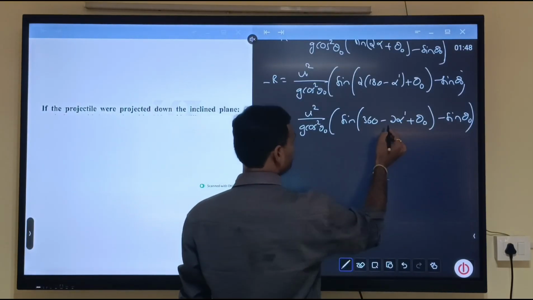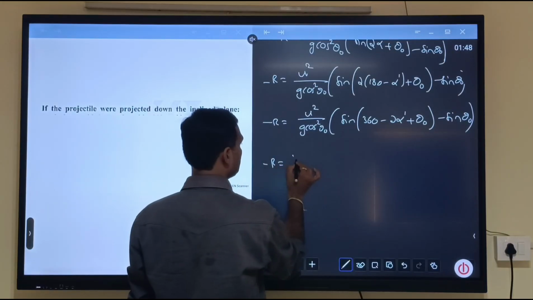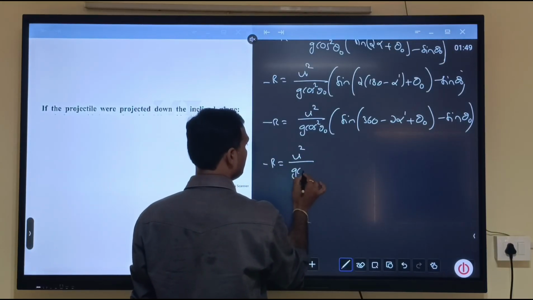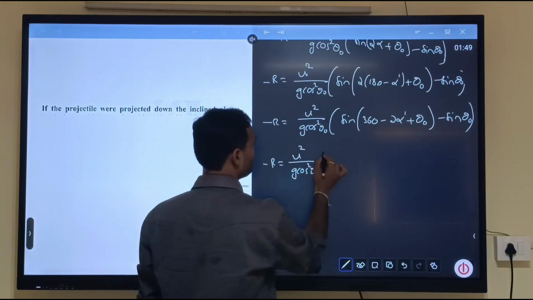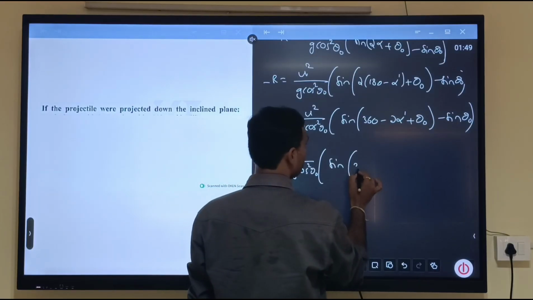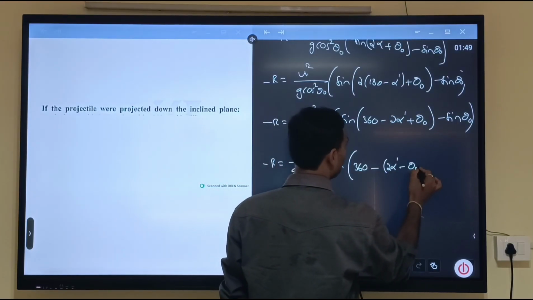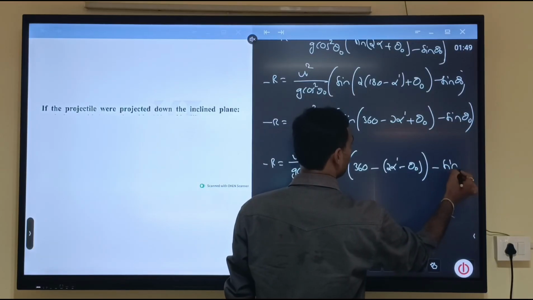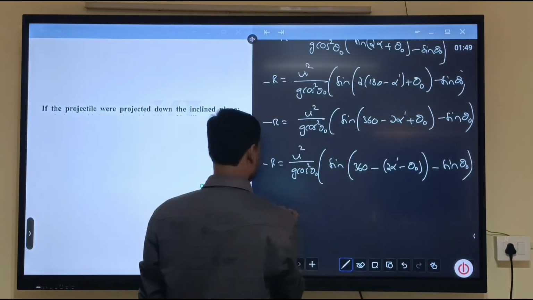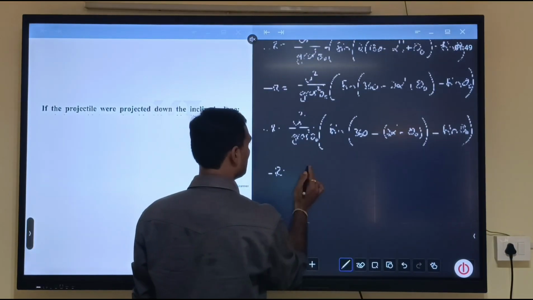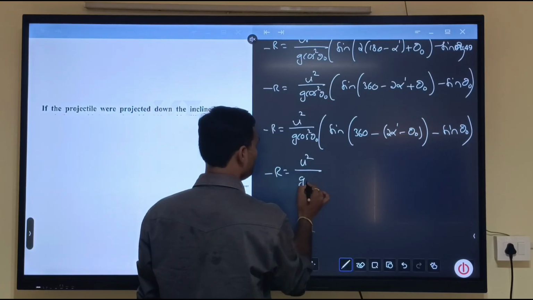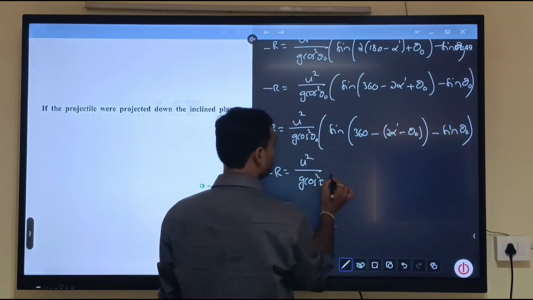Then minus r u square by g cos square theta naught sin (360 minus 2 alpha dash minus theta naught) minus sin theta naught.